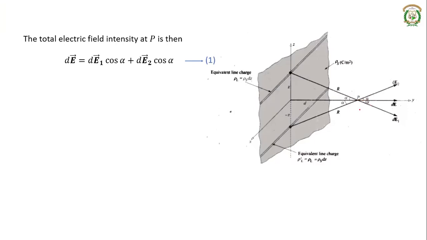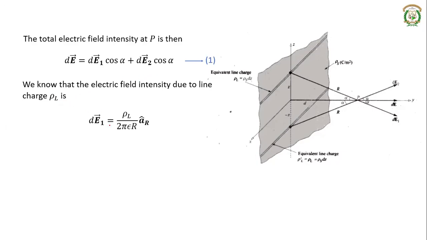So what will be the direction then? We know the electric field intensity due to a line charge rho L, which we considered in the previous case. For an infinite line of charge with charge density rho L, the electric field intensity is given by rho L divided by 2 pi epsilon r into ar cap.